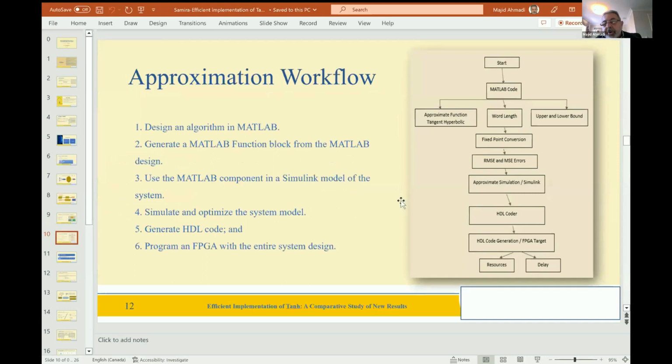Here we start with a MATLAB code, and we come up with the word lengths that we set up. We have the approximation function, and we have the upper and lower bound error that we select, and the fixed point conversion, RMS and MSE error, approximate simulation using Simulink, HDL Coder, HDL generation, FPGA, and then resource and delay.